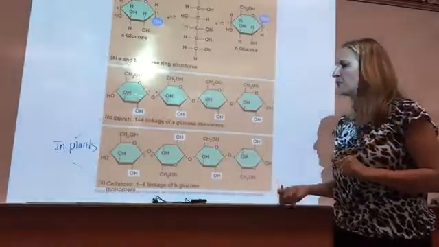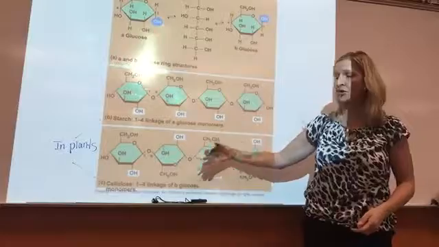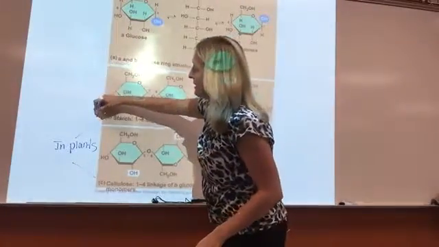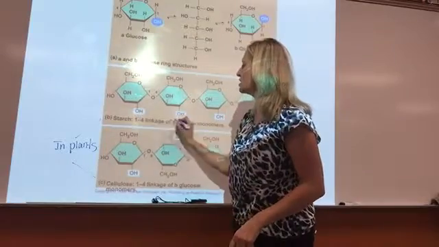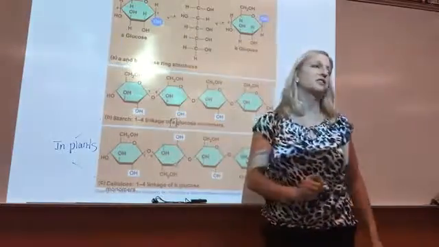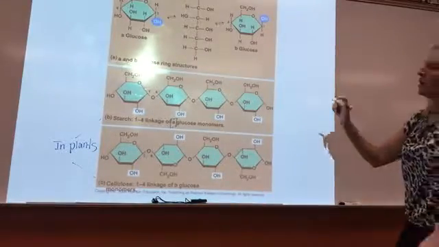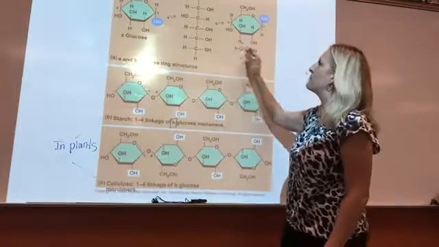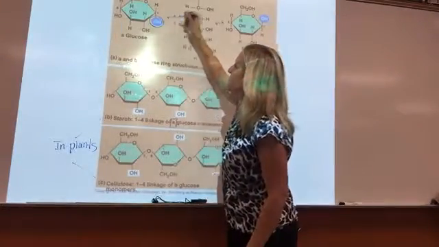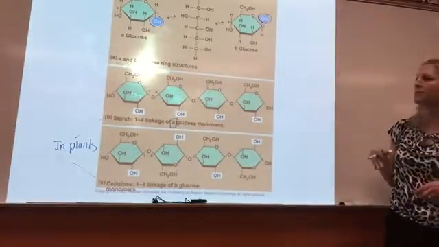But what makes them different, and why they're called different molecules and therefore have different functions, storage versus structural, is because of what they're made out of. So starch is, yes, a chain of glucose molecules, but they're made of alpha glucose molecules. And remember, we talked yesterday about the two different forms of glucose rings, alpha and beta. The only difference between them is the location of these hydroxyl groups, one coming off the bottom, one coming off the top.